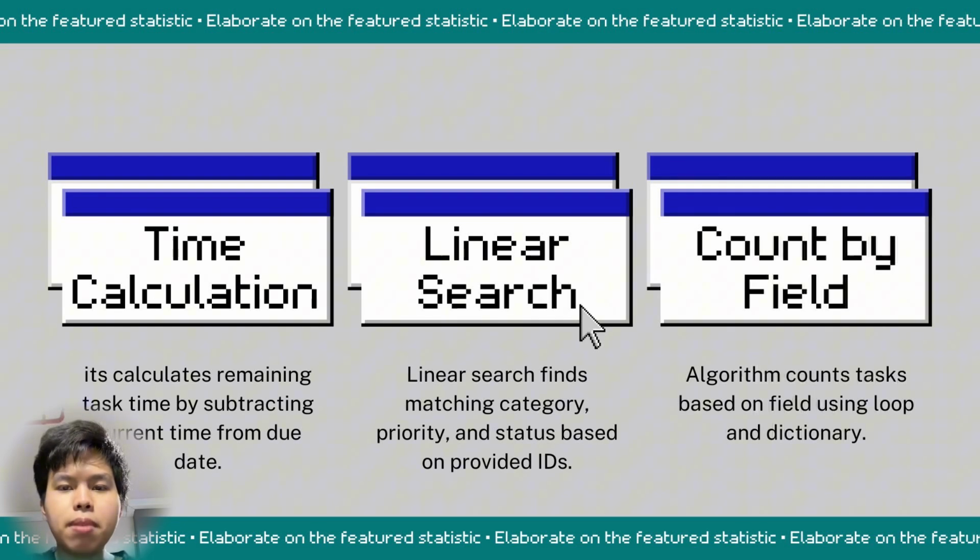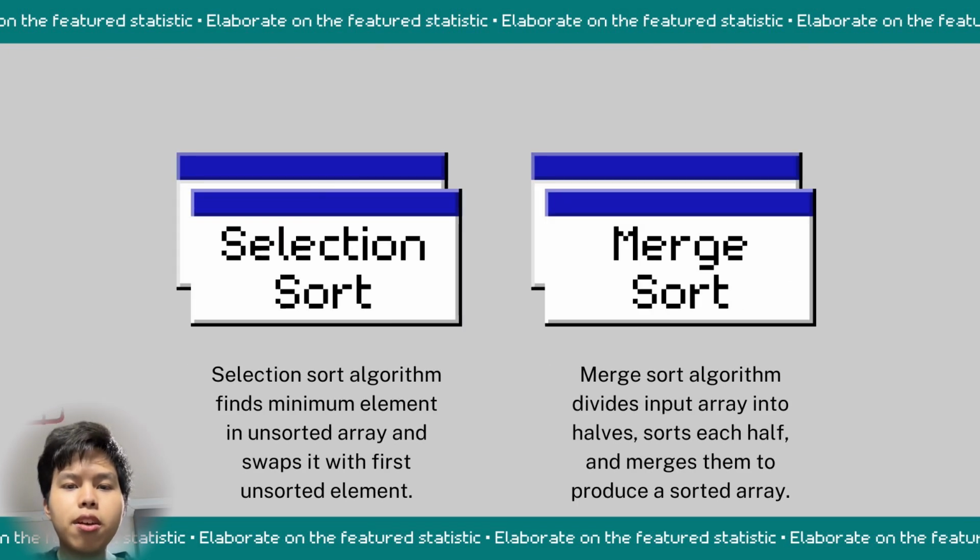It counts tasks based on a field using a loop and a dictionary. Selection sort. It finds the minimum element in the unsorted array and swaps it with the first unsorted element. Lastly, merge sort. It divides the input array into halves, sorts each half, and merges them to produce a sorted array.